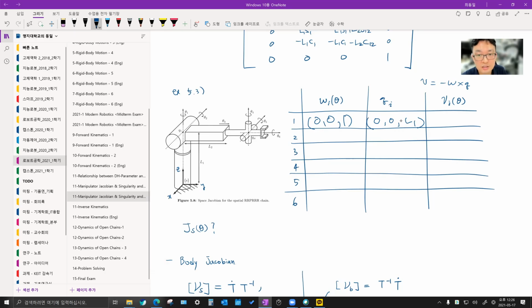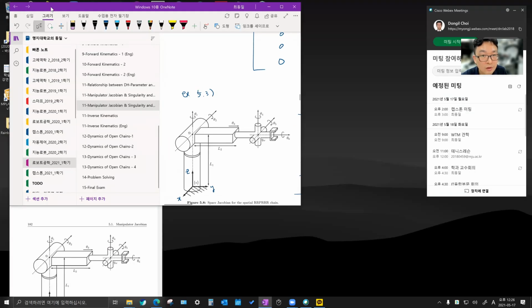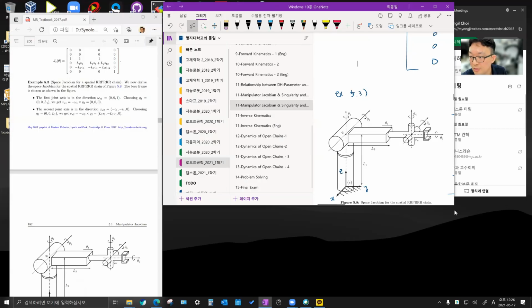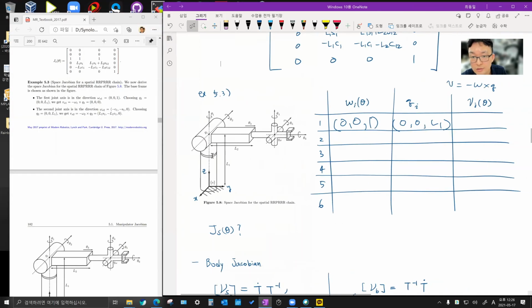And by multiplying these two things, it becomes like this. So it becomes 0, 0, 0.